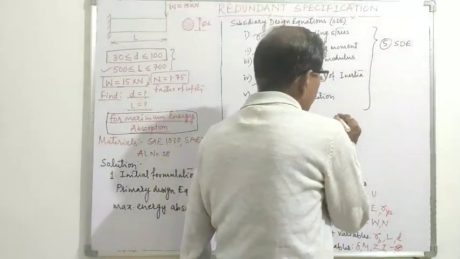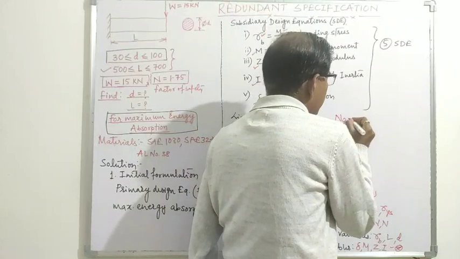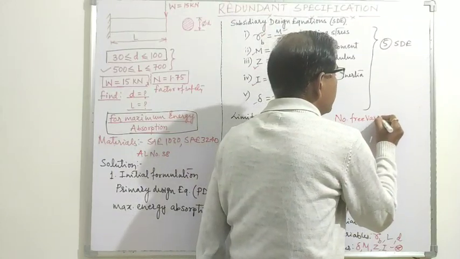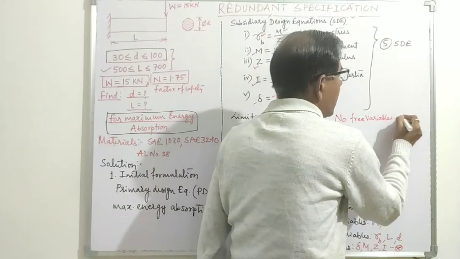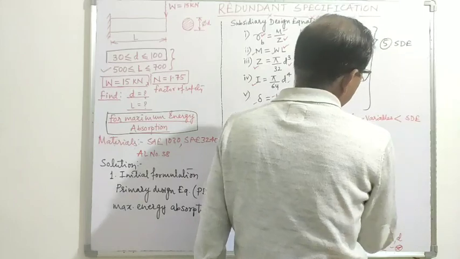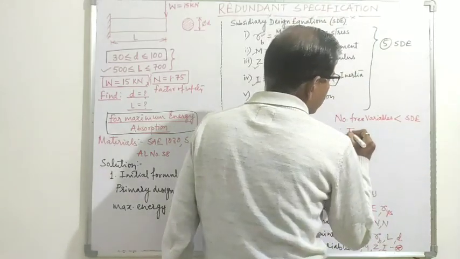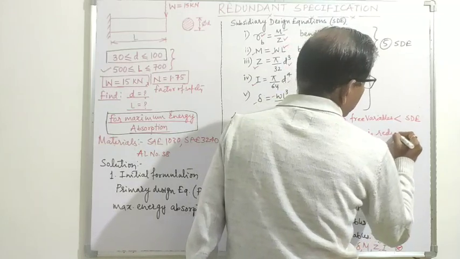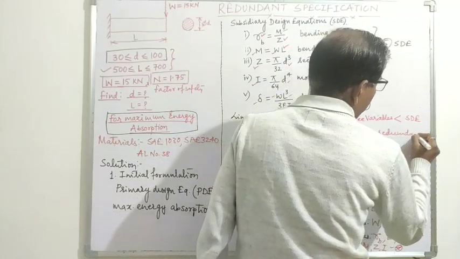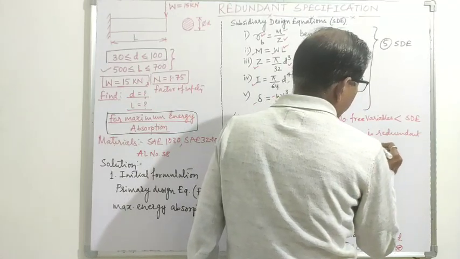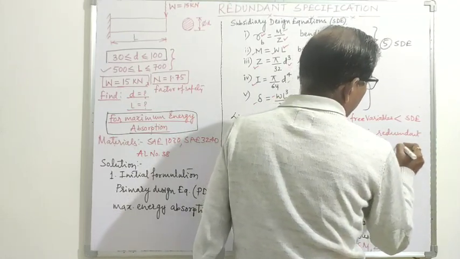Since the number of free variables is less than the number of SDs, therefore this is a redundant specification problem.